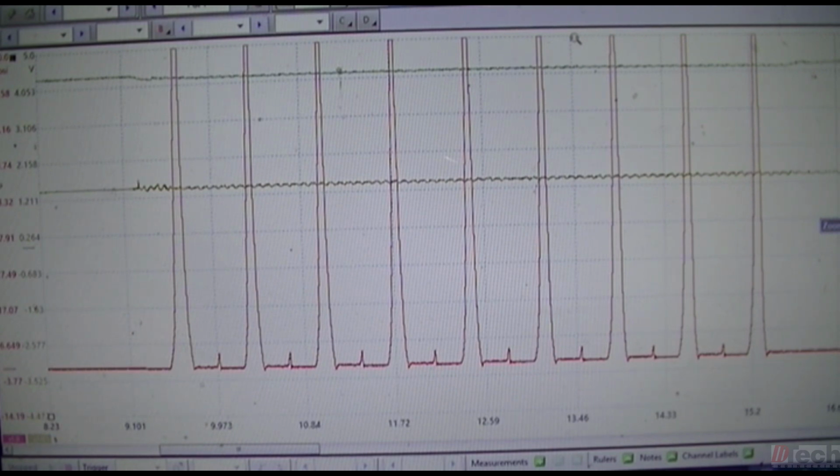It's the same bank 1, but there's a lot more to look at to try to identify the main cause of the trouble code.